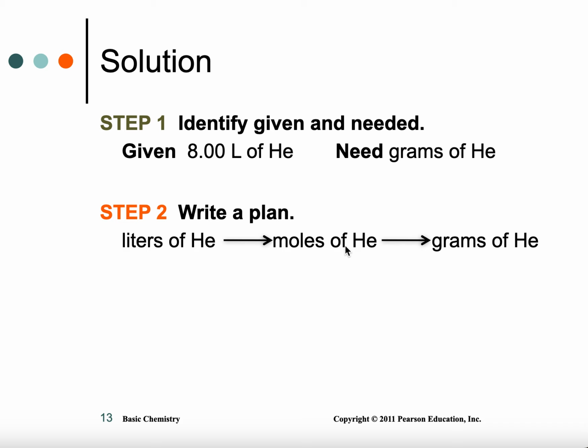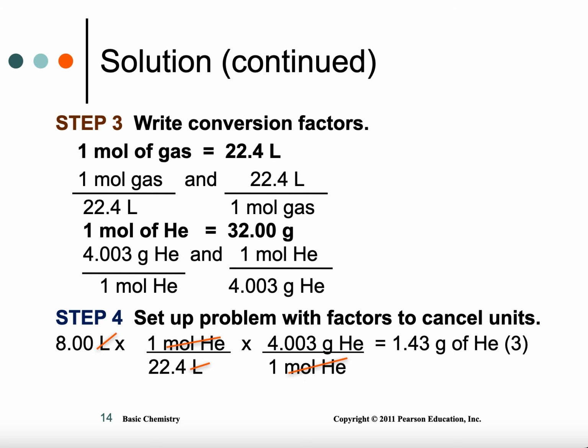All right, so you can go straight to moles as a result, and we'll do these later on. And so you would first of all know that in 1 mole there's 22.4. Okay, and then once you break it down, you're going to say in 1 mole there are 4.3 grams of helium.